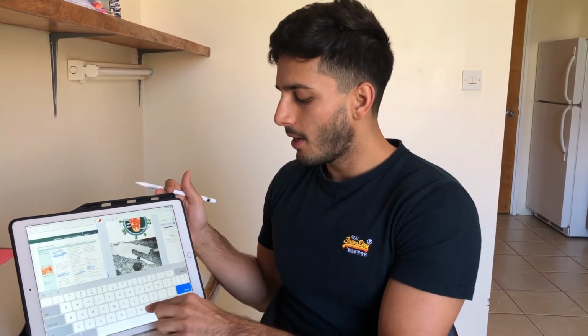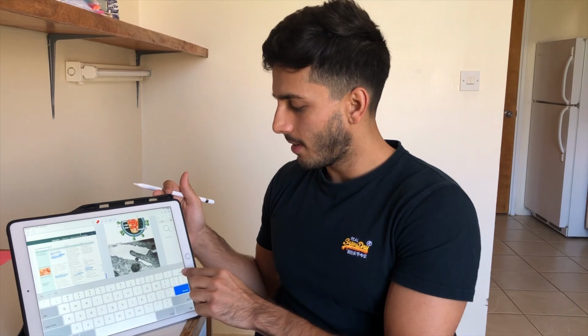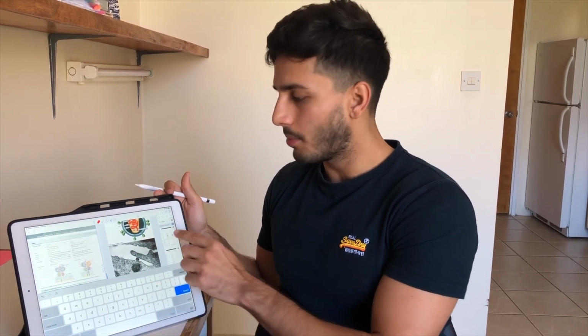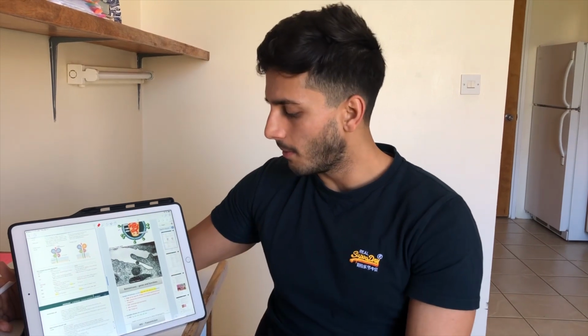So I could just type in any word. I could type in Hashimoto's, and in a few seconds, I'll be able to pull up that exact page and learn everything I can about that. So within seconds, as opposed to getting the book and flipping through that page and trying to remember where it is. So just that finding function is really good.